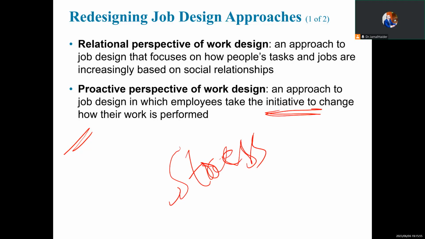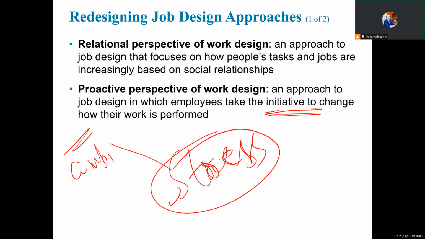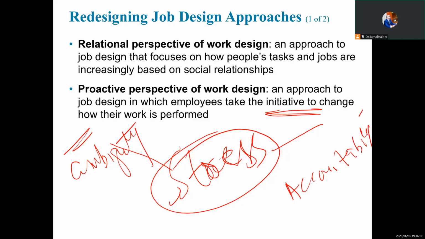So each of these has been shown to influence employees' proactive behavior, caused by ambiguity, accountability, and complexity, which all contribute to success.